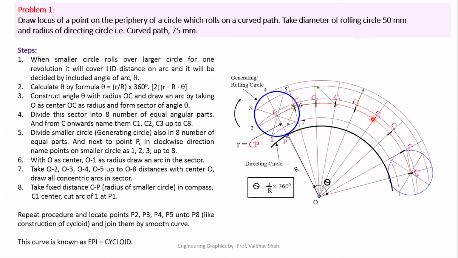Put your rounder at C5 and try to cut the circular line of 5. Put your rounder at C6 and try to cut the circular line of point 6 somewhere here. Put your rounder at C7 and try to cut the circular line of 7, which is point 7, like this. And put your rounder at the last point C8 and try to cut the circular line of point 8.